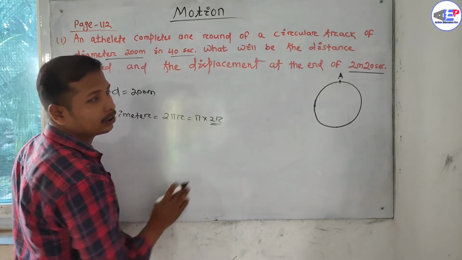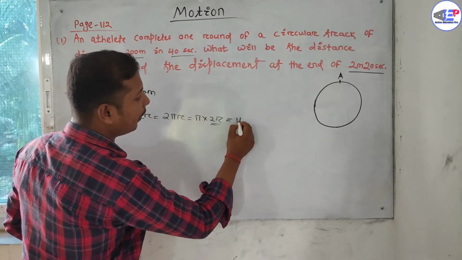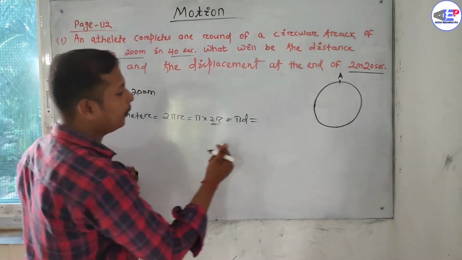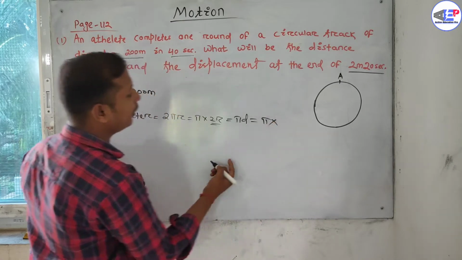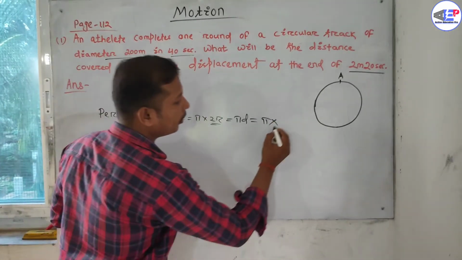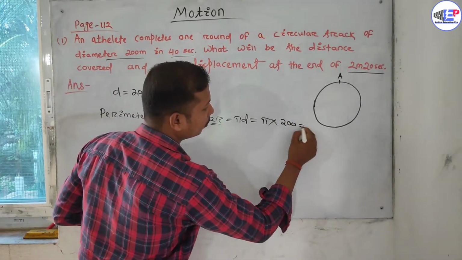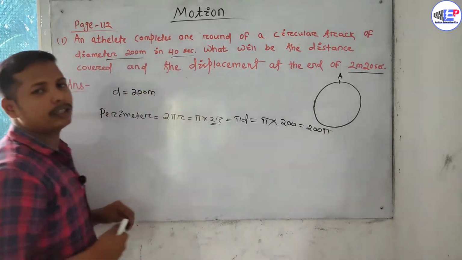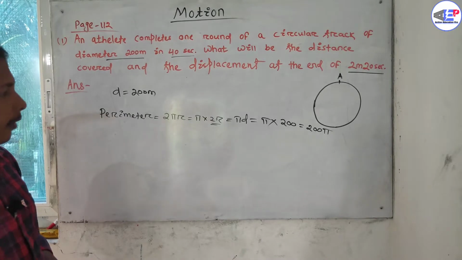Here 2r is the diameter, so it will be equal to pi d. Here diameter d is 200 meter.